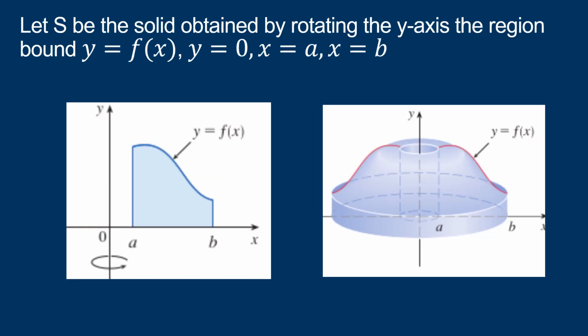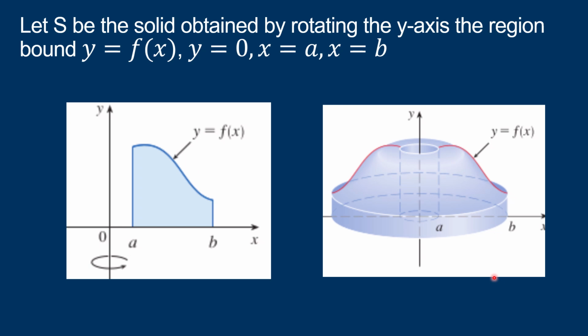Look at this region bounded by y equals f of x, x equals a, x equals b, and y equals 0. That's the blue region. I'm going to rotate this region about the y-axis, and then you have this solid. So which method is working?